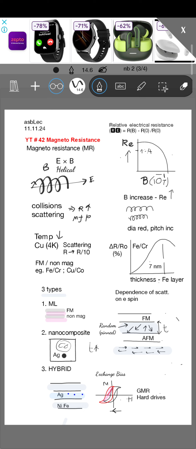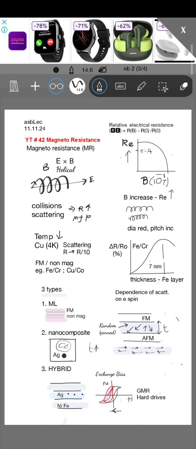In giant magnetic resistance, the signature is understood by the exchange bias. Exchange bias is when you find a shift in the hysteresis plot, which indicates that the spins have been pinned at the interface. So the spin pinning gives rise to an exchange bias.